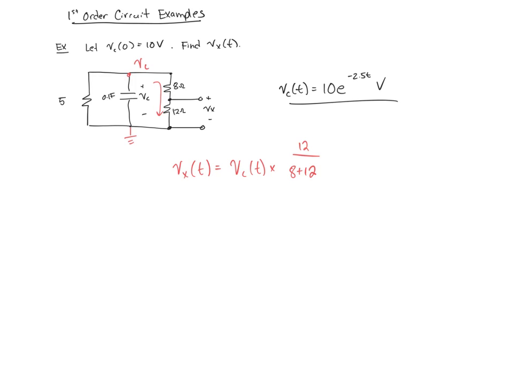You could do nodal analysis, whatever you would like to do. So finishing this out, I get 10 e to the minus 2.5 t times 12 over 20, which equals 6 e to the minus 2.5 t volts.